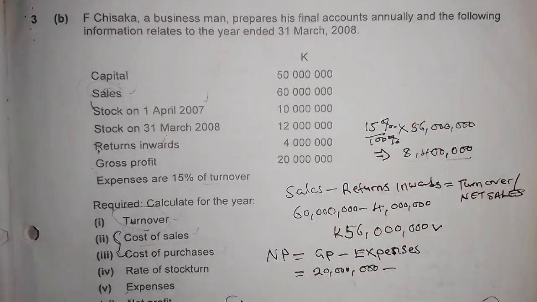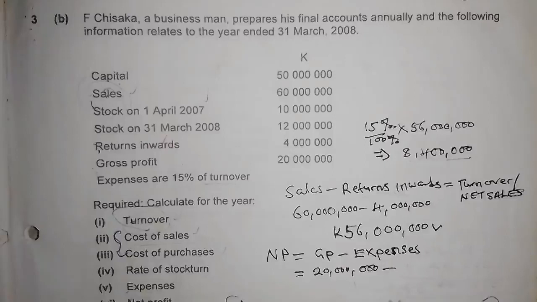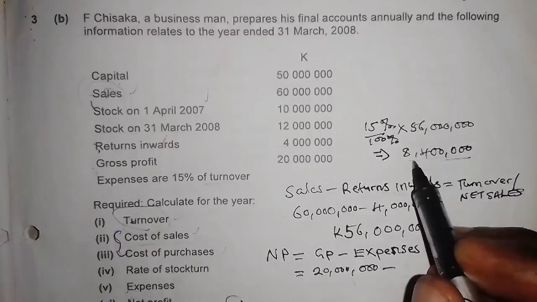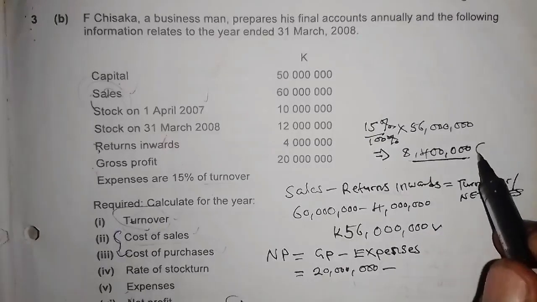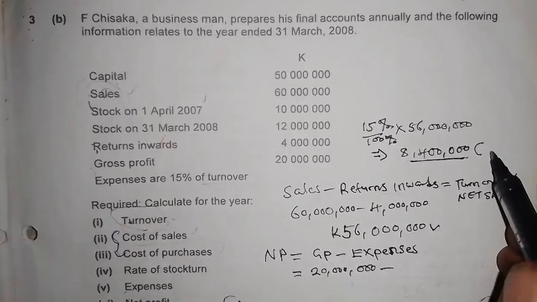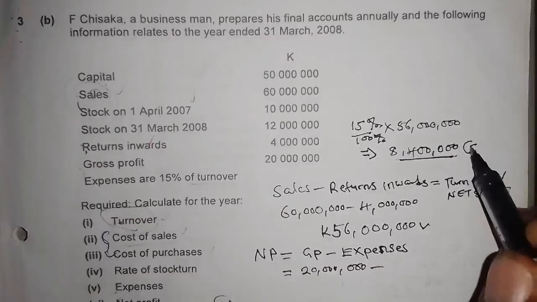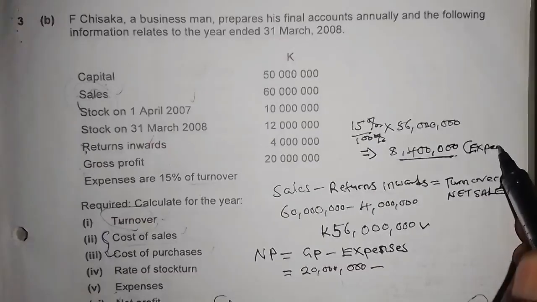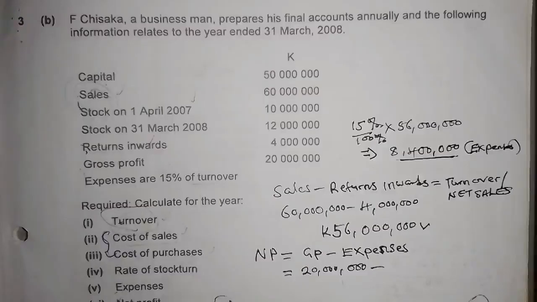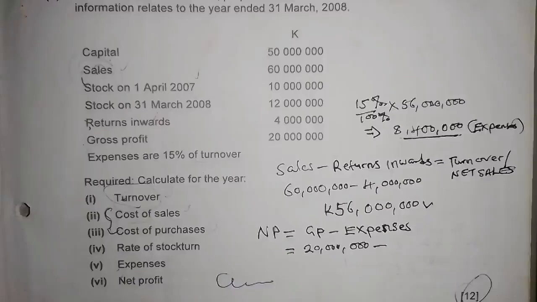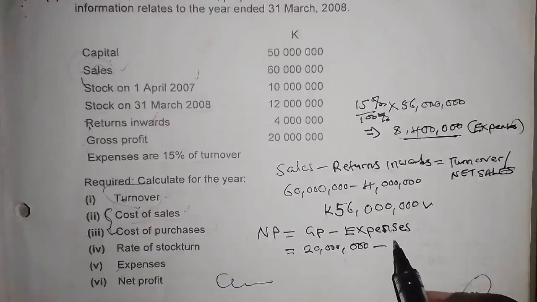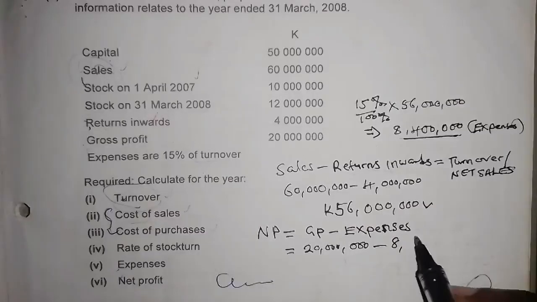Meaning this is the actual amount of the expenses. So what you do now is you get that figure and put it there.